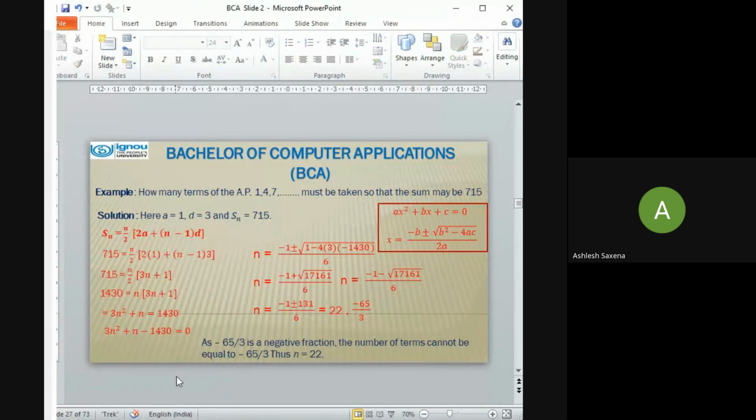Your a is 3, b is 1, and your c is minus 1430. Replace it.